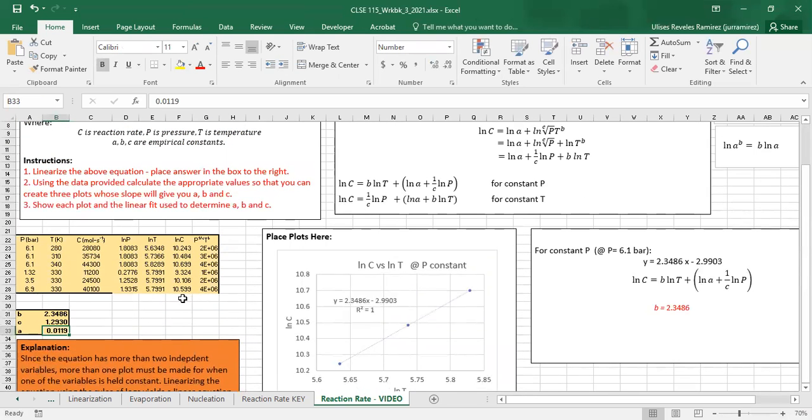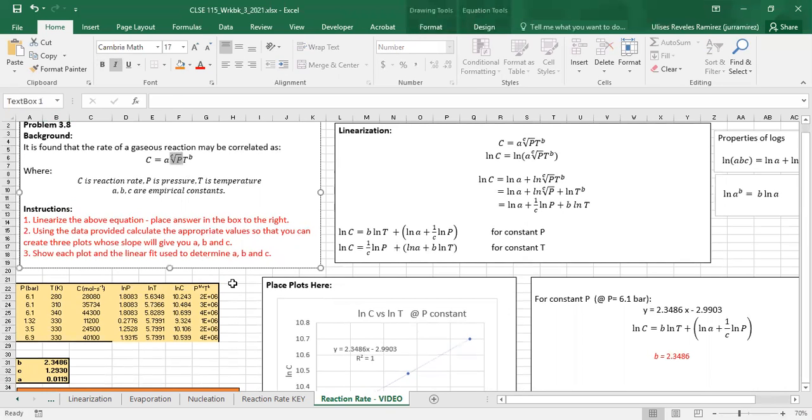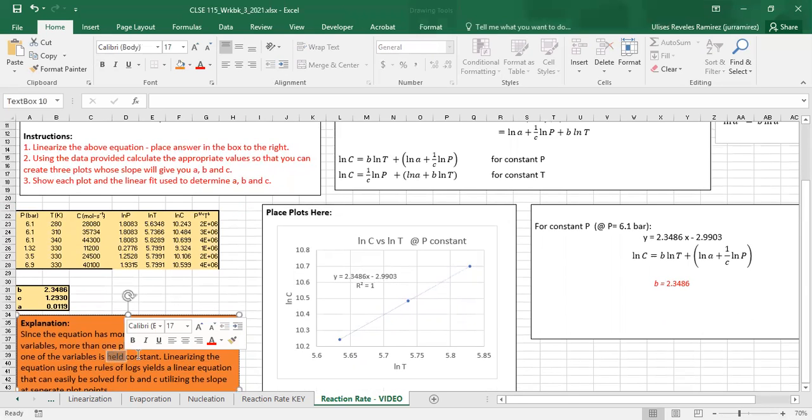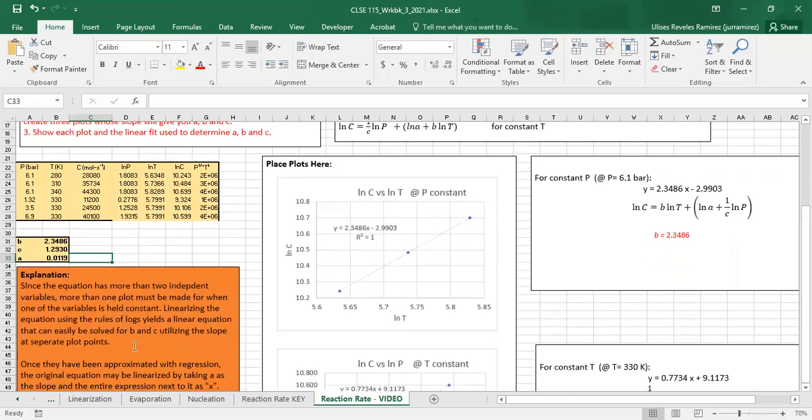Okay, let's look at the explanation. Since the equation has more than one independent variable, in this case two, pressure and temperature, we need to run a series of experiments in which we keep one constant while changing the other. Linearizing the equation using the rules of logs yields linear equations that can easily be solved for B and C using the slopes of separate equations.